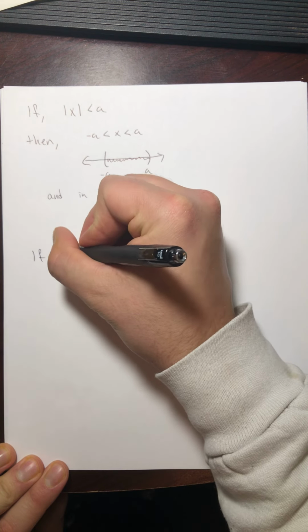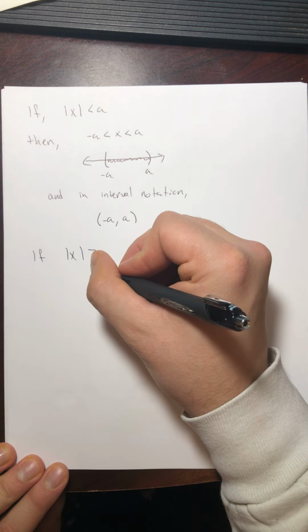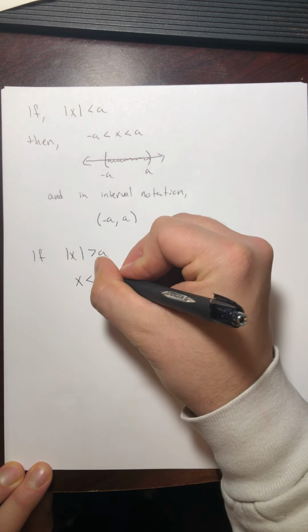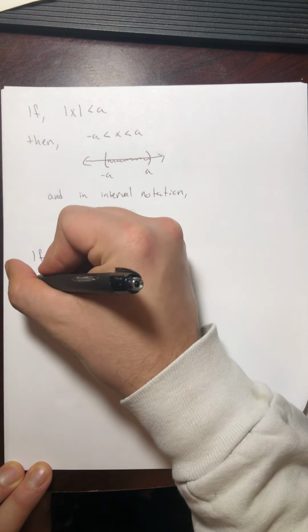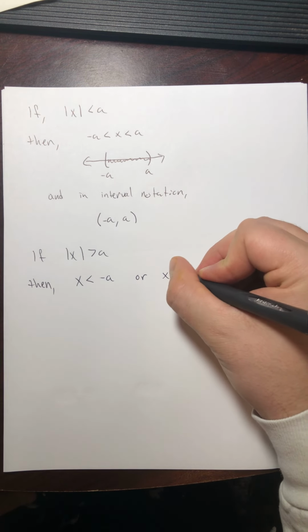If we have absolute value of x is greater than a, then we can say that x is less than negative a, or x is greater than a.